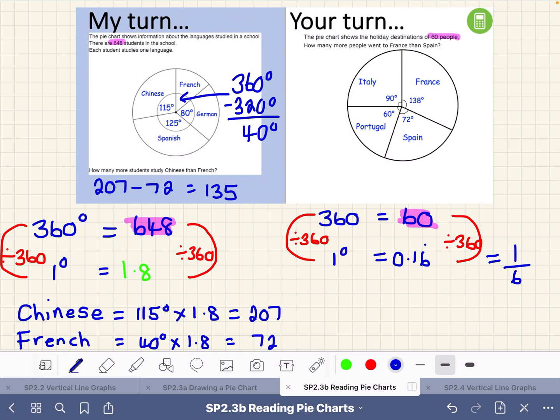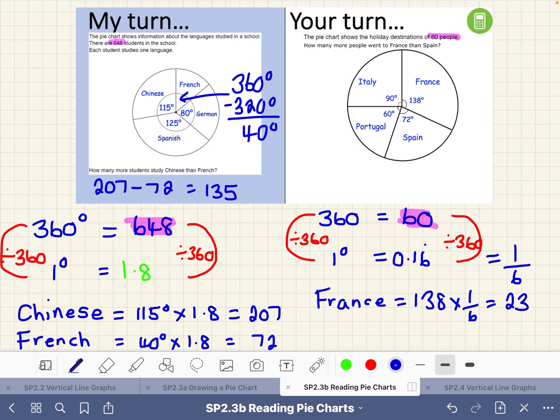We now look to see how many people went to France. And the degrees that make up France is 138. We are multiplying this by 1 over 6. That gives us an answer of 23.